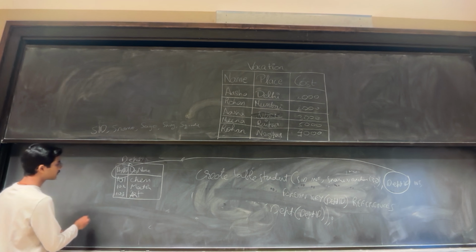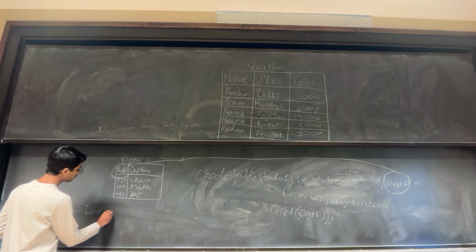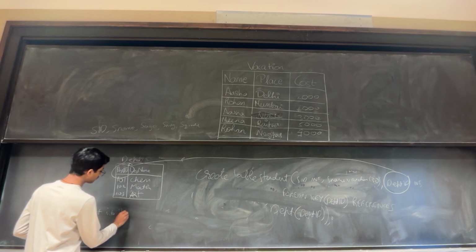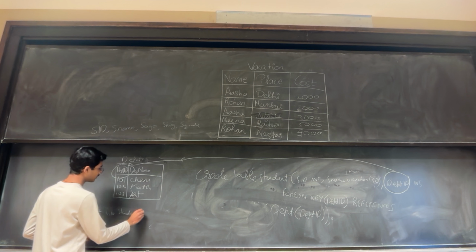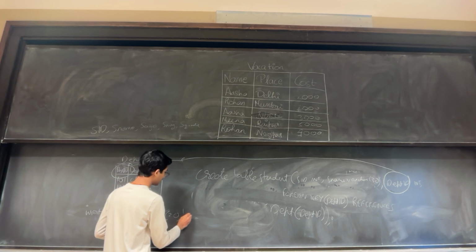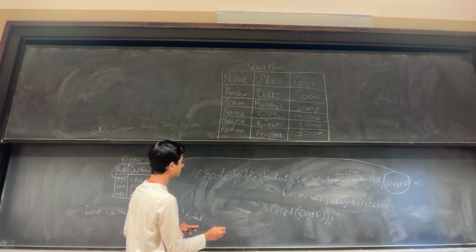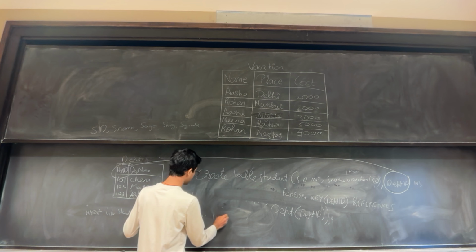So I'm going to write insert into student values, and let's say I want my student ID to be 20, my name of the student to be Rahul, and the department ID is 101.